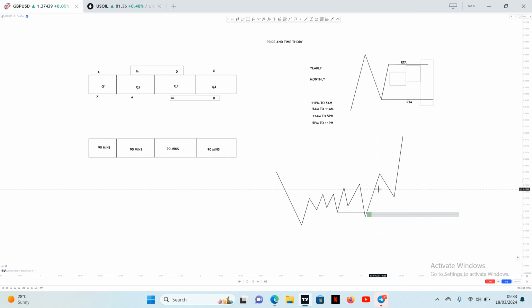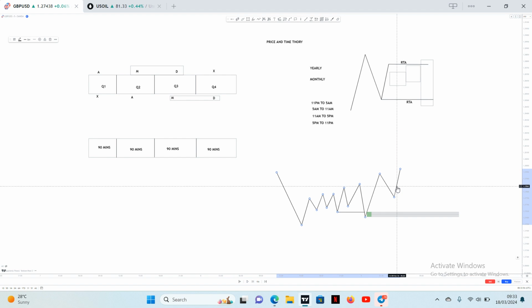If quarter one, which is Asia, 11 p.m. to 5 a.m., have consolidated above this area, it has consolidated. We'll now expect quarter two to manipulate right inside this our demand zone, and then quarter three to drive it. If those three things are in place, there is 70% chance that that price action will play out.